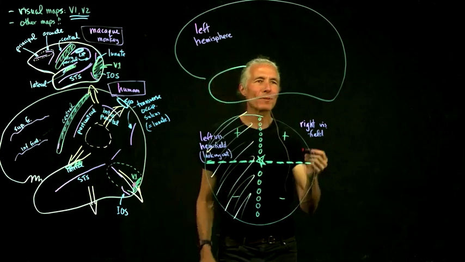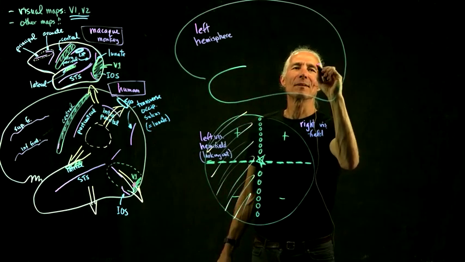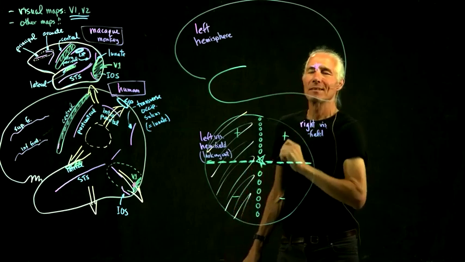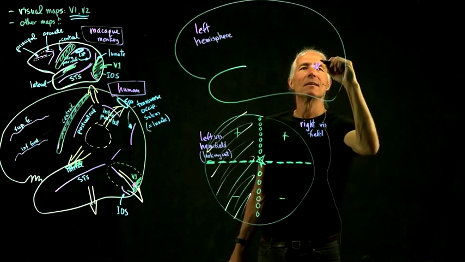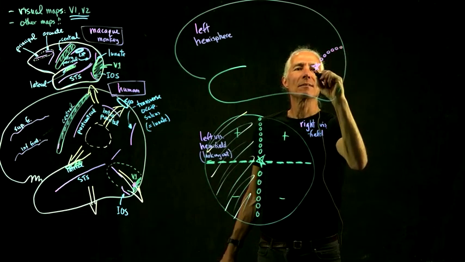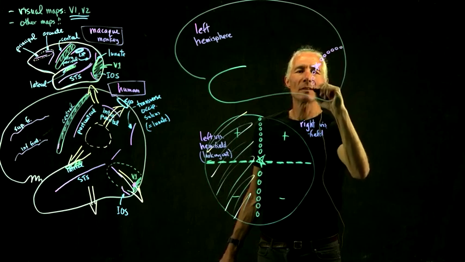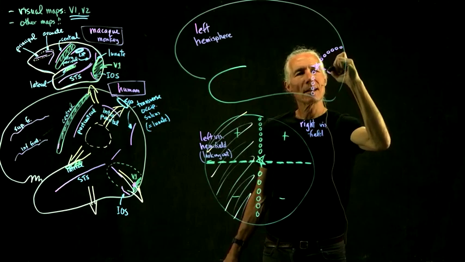I'm going to pull it a little bit forward so that I can make it look slightly more like a macaque, so that we can see what's going on a little easier. So what it looks like is the vertical line is right there. Remember, this is just half of the hemifield. And then here's the horizontal line.